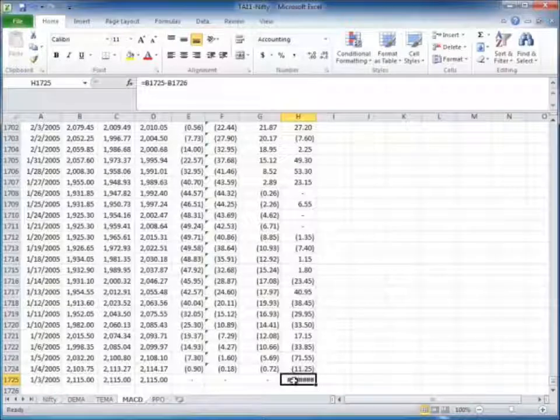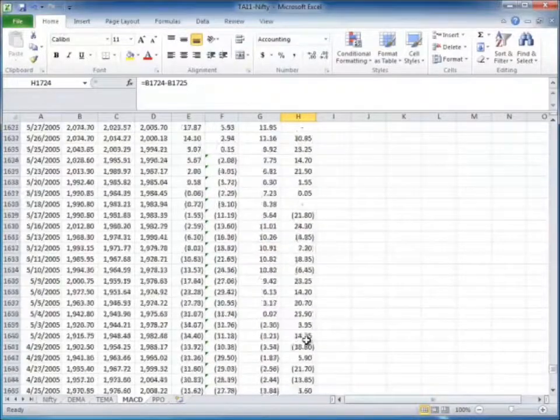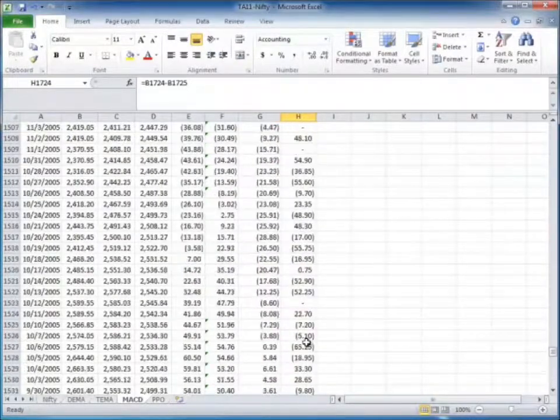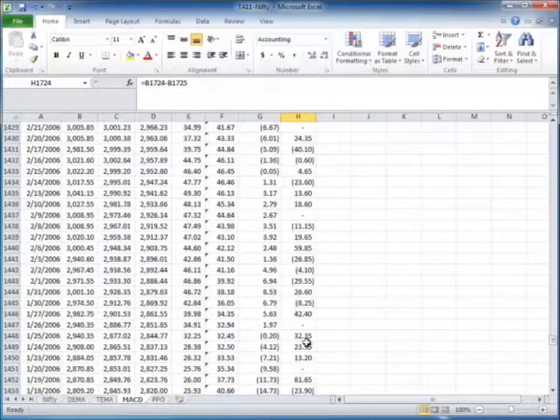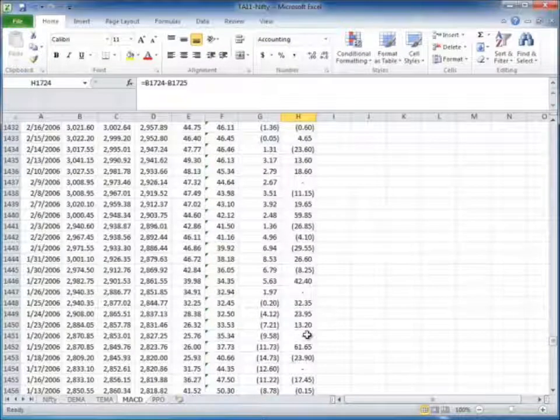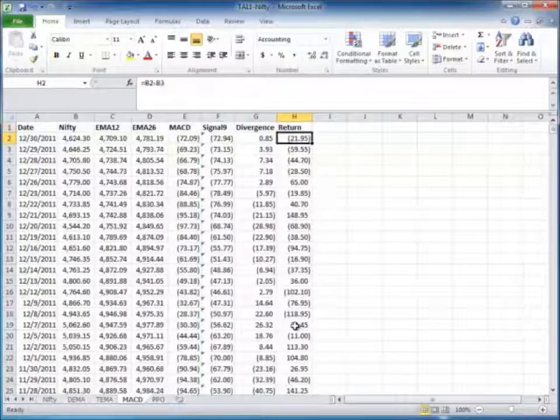And we have to take out this last value here. And what we're also going to do is only calculate up to 2006, because we want to keep some of it for actually calculating the data. Alright, so I'll just take it down to 2006. I'm not going to bother chopping it all off like we did last time. You can if you want to, but there's no need to do that.